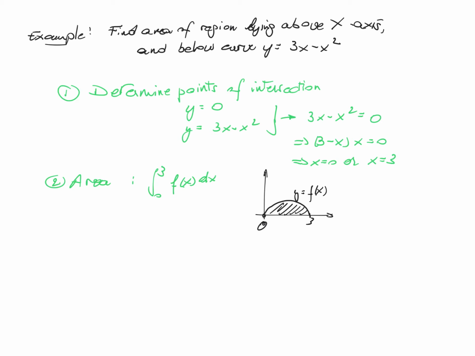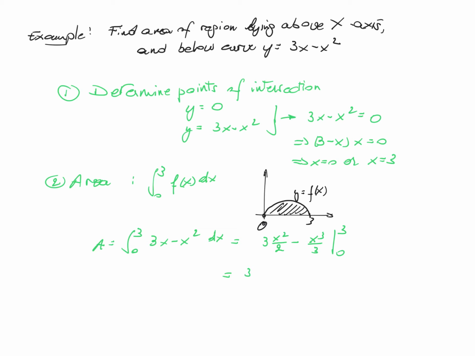So the area is equal to the integral. It is already on the positive side, so we don't have to change the sign. So the area A is the integral between 0 and 3 of f of x, so of 3x minus x squared dx. We calculate this integral: this is 3x squared divided by 2 minus x to the power 3 divided by 3, between the boundaries of integration, so between 0 and 3.